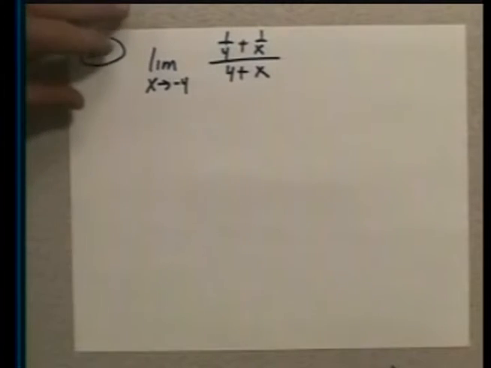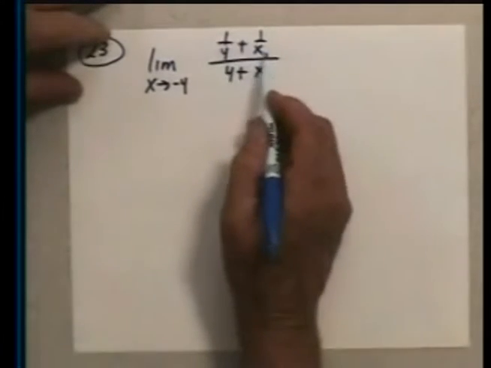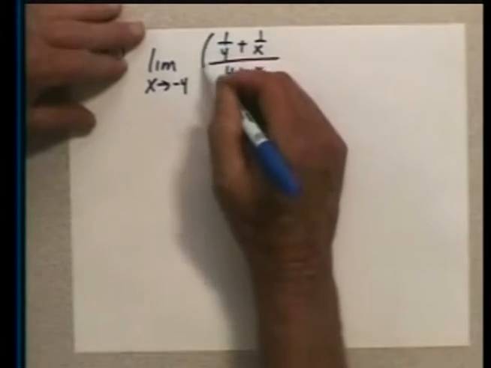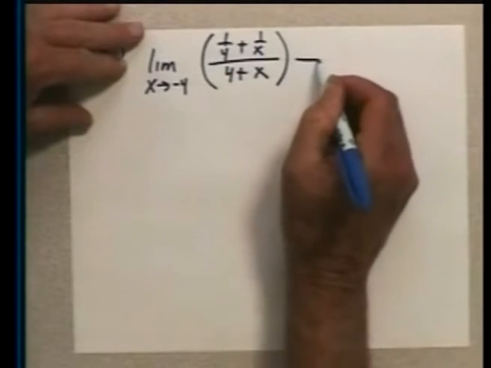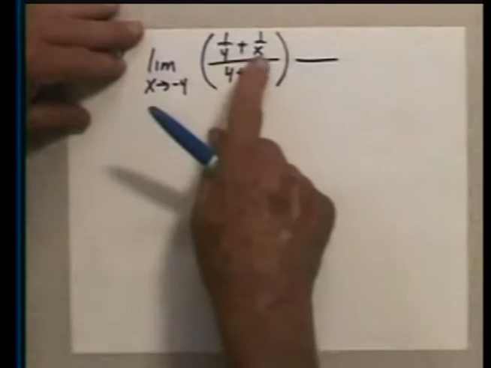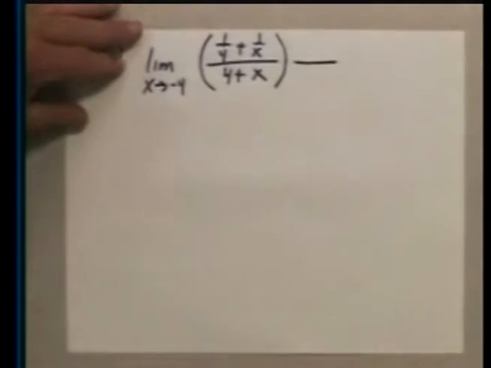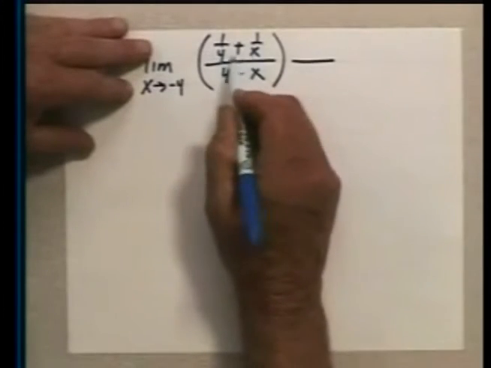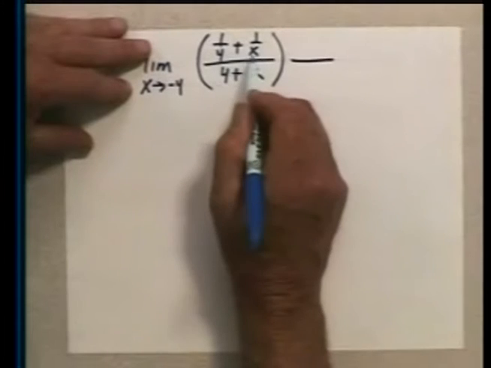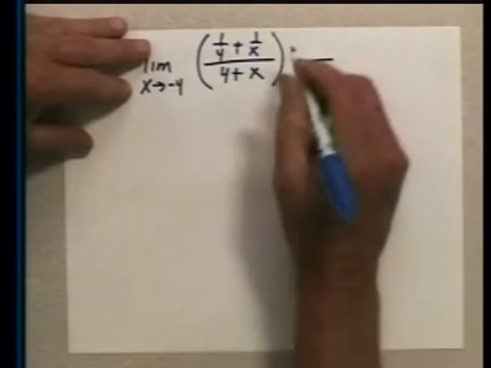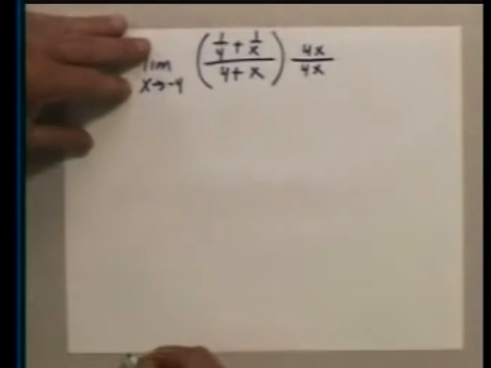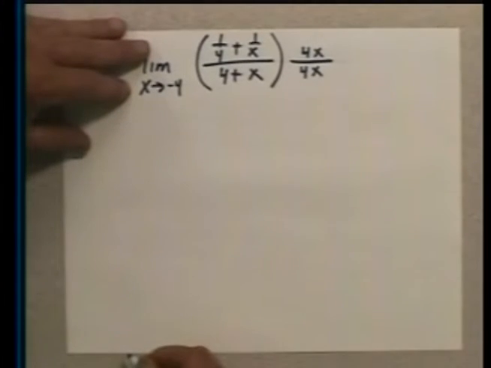Okay, when you have something like this, the key is get rid of the secondary fractions on top. Do you remember the advice we gave you for getting rid of the 1/4 and the 1 over x? Common denominator. What's the common denominator for those two little fractions on top? 4x. So you multiply by 4x over 4x. Does that look familiar?